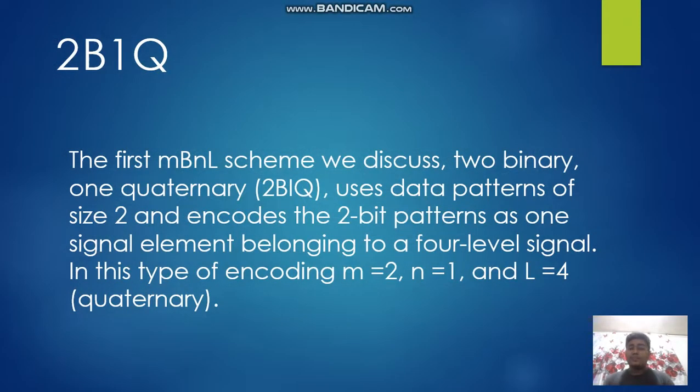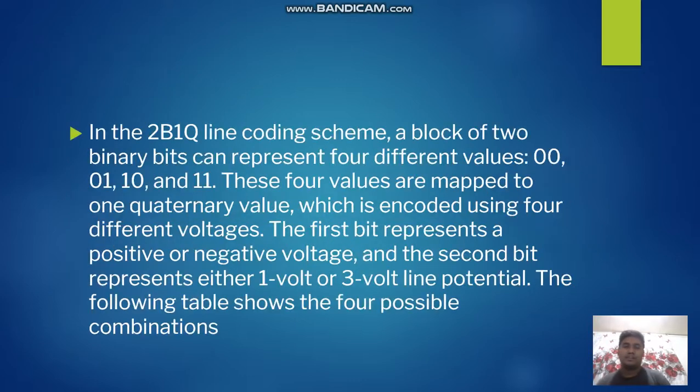2B1Q, the first MBNL scheme we discuss, 2 binary, 1 quaternary, uses data patterns of size 2 and encodes a 2-bit pattern as one signal element belonging to a 4-level signal. In this type of encoding, M is equal to 2, N is equal to 1, and L is equal to 4, quaternary.